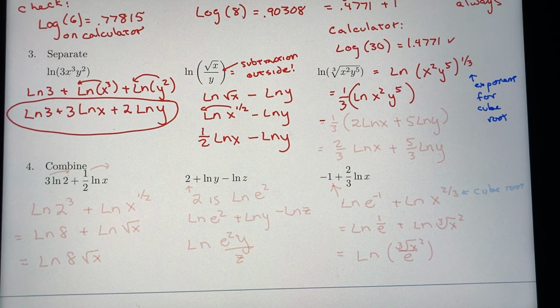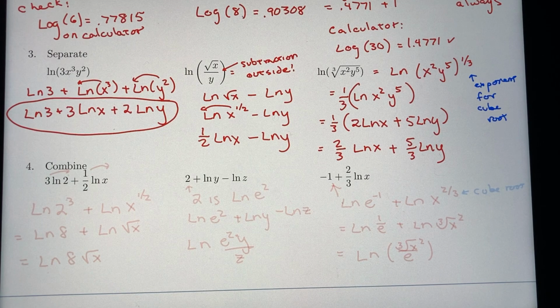Now I can pop those apart, and I'm going to pop the exponents down in front at the same time. And I can redistribute if I want. The combined exponent for x is x to the 2/3, which I can keep popped down in front. And then 5/3 ln y for cube root of y to the 5th.